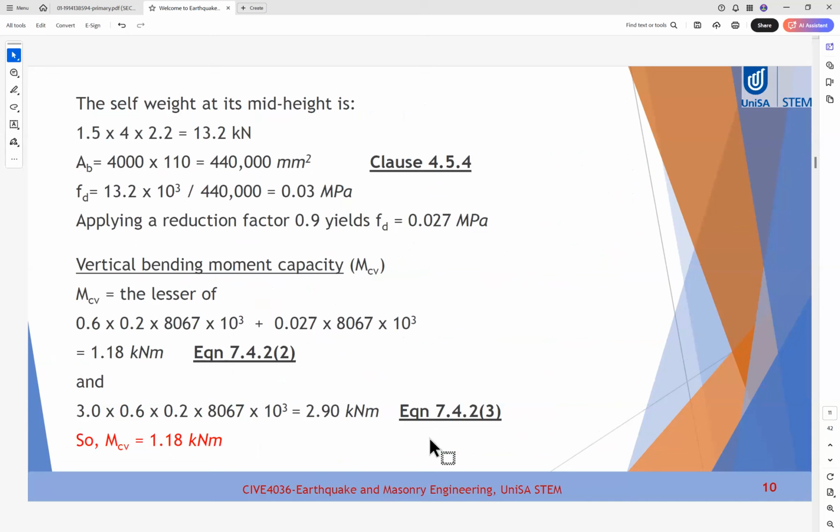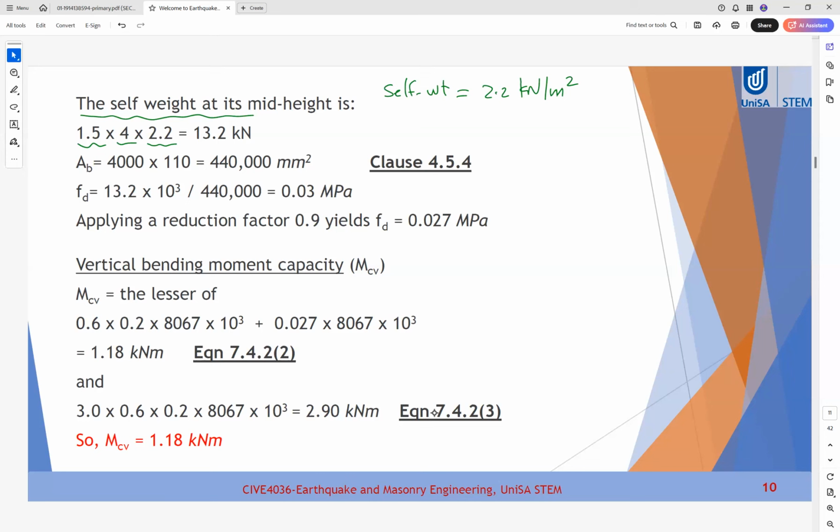So let's calculate FD. So the self weight at mid height will be 1.5 times 4 times 2.2. So the self weight was given, 2.2 kilonewton per square meter, right?